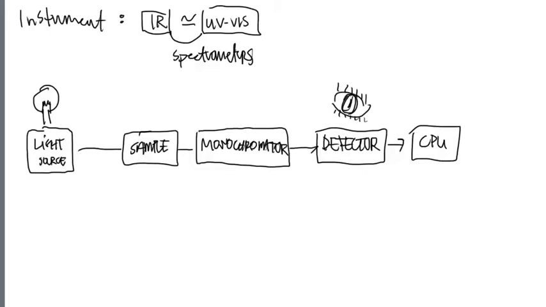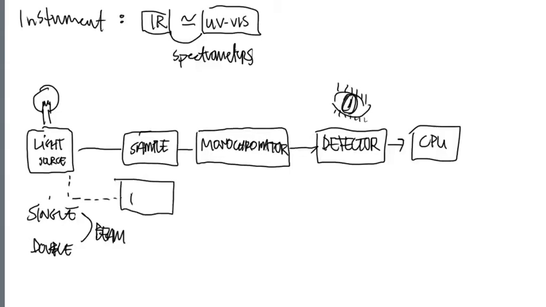And just like with the UV-vis instrument, we can have a single beam or we can have a double beam spectrometer, and the same setup exists. The light source can be split into two, and it goes through the sample and the blank at the same time.